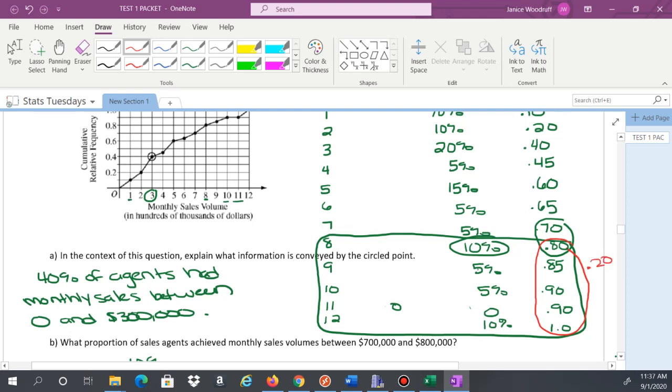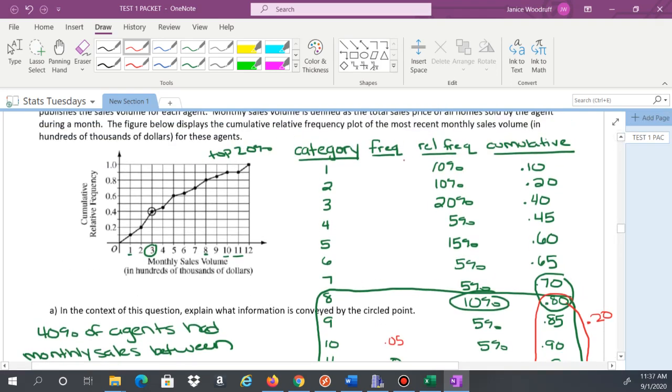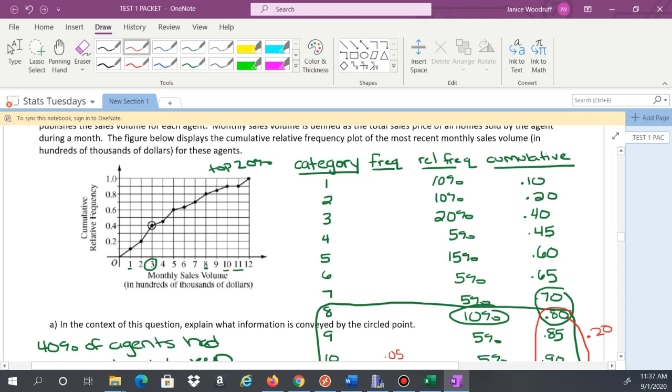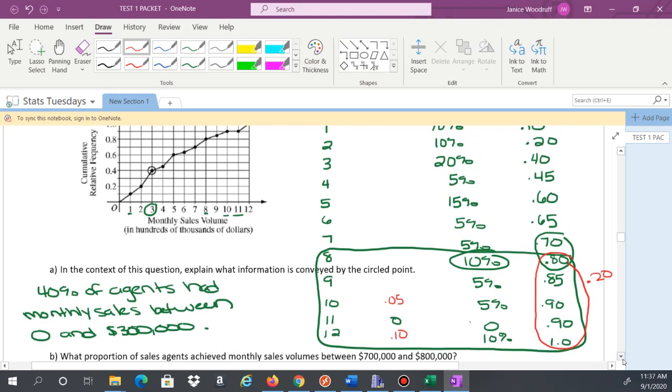I'm not adding the percentages here. This would be like each relative frequency column. So this would be 0.05, this would be 0.10. So I'm not really adding the relative frequencies here. Well, actually in that relative frequency column, I just went ahead and already moved the decimals to percents.